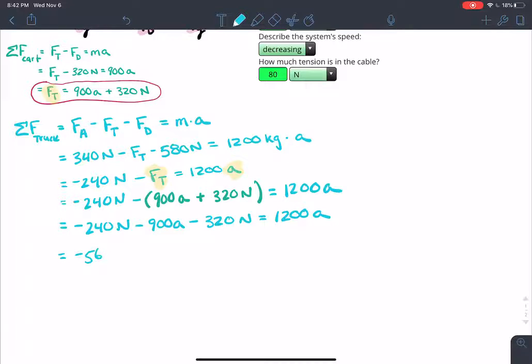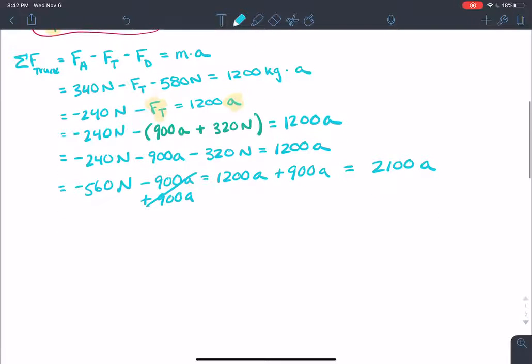Negative 560 newtons minus 900A equals 1,200A. I'm going to add 900A to both sides. So that equals 2,100A. Let's write the whole thing out: negative 560 newtons equals 2,100 times acceleration.